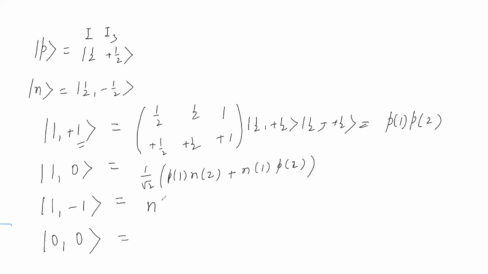Here you have neutron in state 1 and neutron in state 2, while here this is an antisymmetric state: proton in state 1, neutron in state 2, or neutron in state 1 and proton in state 2. Is it clear?